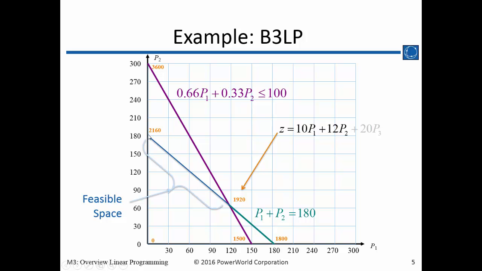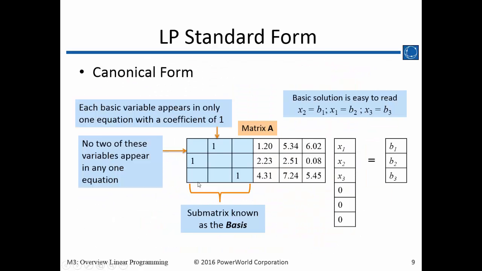If we're starting at this vertex right here and we see that we can reduce cost by moving to an adjacent vertex, then we'll do what's called a pivot and move from one point to another until we get to a point where we can't move to another feasible vertex without increasing the cost. So that's what it does.